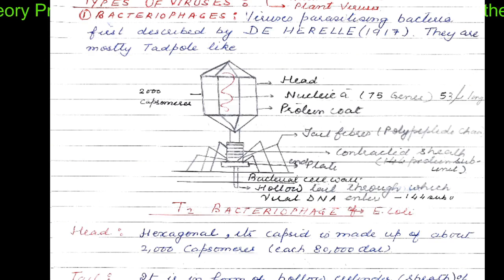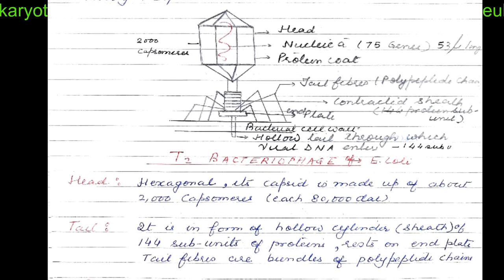The tail can be contracted and elongated, and this part is attached to the cell wall of the bacteria, and the hollow part is inserted inside the cell wall, and the viral material is injected. The material means the nucleic acid is injected in the bacteria. So this is how the viruses infect the bacteria.